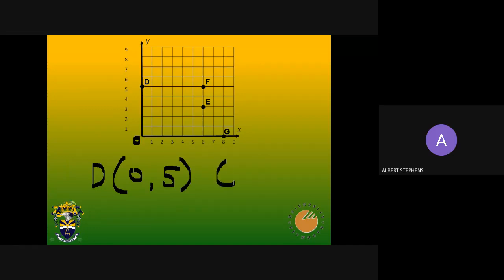And likewise G, what would G be? 8 and 0. Now, you have to be very careful: G is on which axis? The X axis. So you have to write the 8 first, but it doesn't have a Y value, so Y is 0.